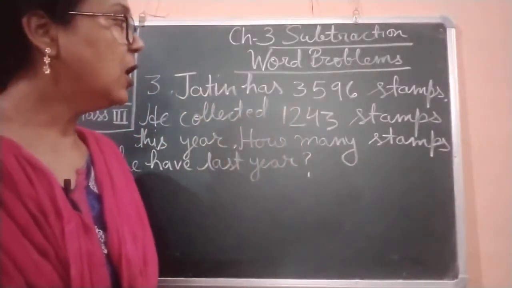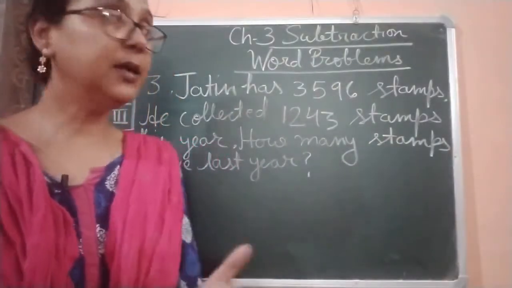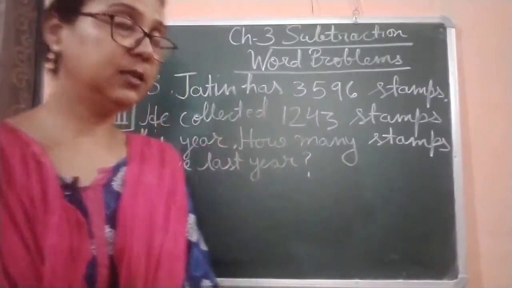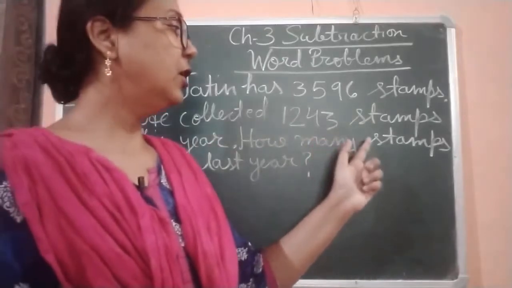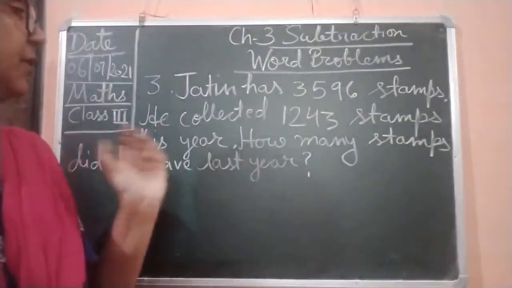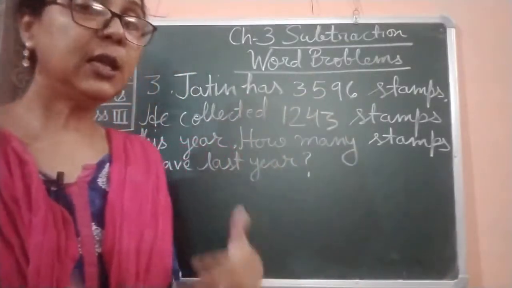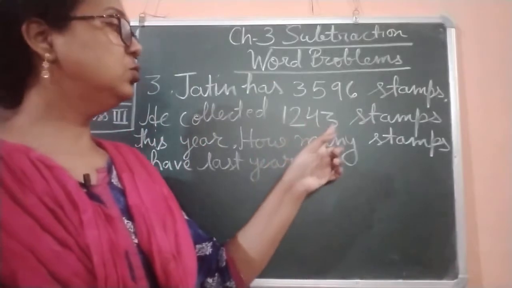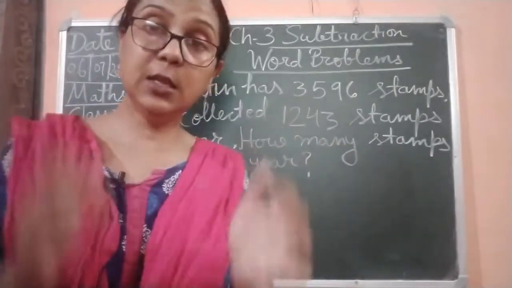Jatin has 3,596 stamps. It means Jatin के पास कितने stamps हैं? 3,596, and he collected 1,243 stamps this year. It means उसके पास इतने अभी हैं और उसने कितने कलेक्ट किए इस ईयर में, यानी 1,243 stamps he collected in this year.